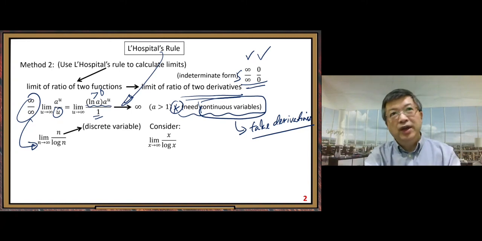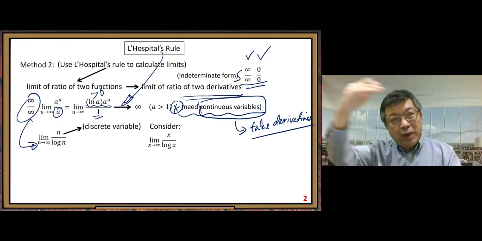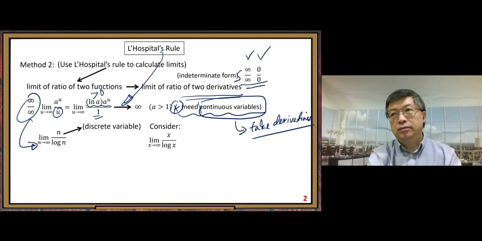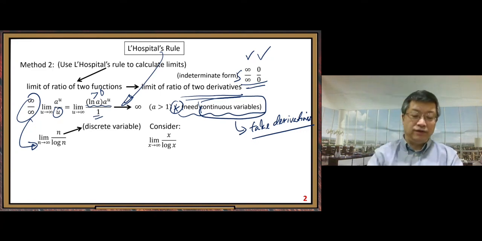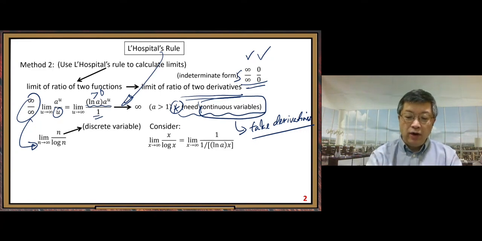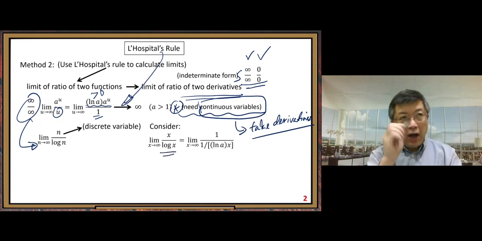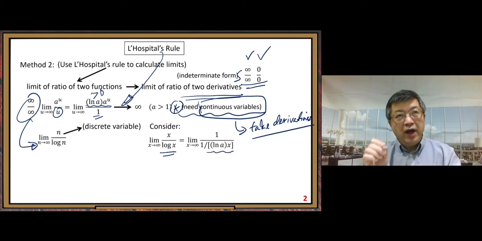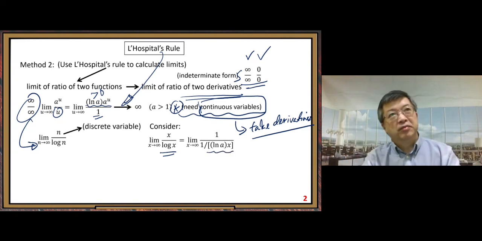So not 1, 2, 3, it can be any positive real number. This time it's a continuous variable, right? Now we can take derivative. 1 over the derivative of log base a, which is the reciprocal of natural log of a times x.